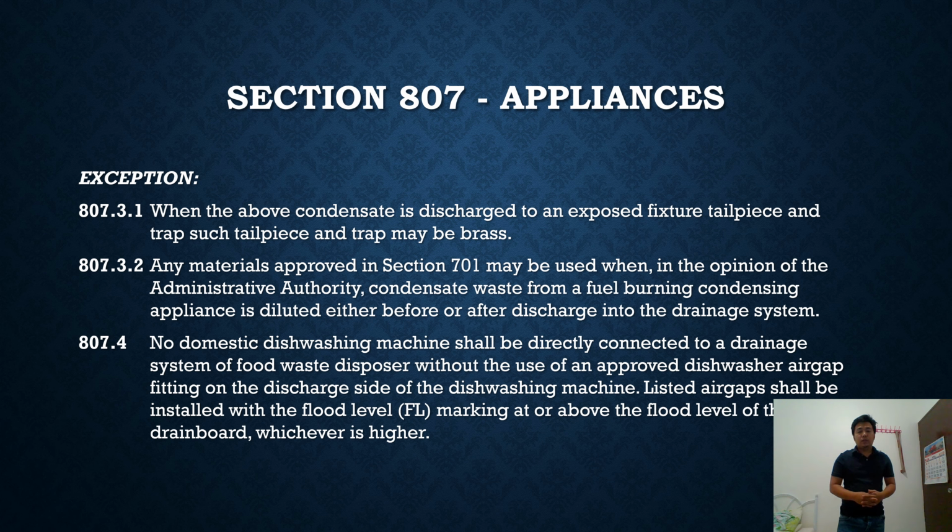Listed air gaps shall be installed with the flood level marking at or above the flood level of the drain board, whichever is higher. In this section, it discusses that all appliances should have drainage waste piping.